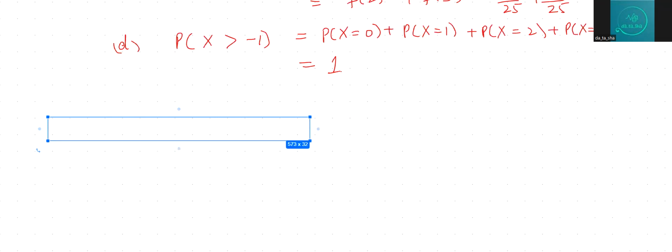Yes. So let's talk about the cumulative distribution function now.